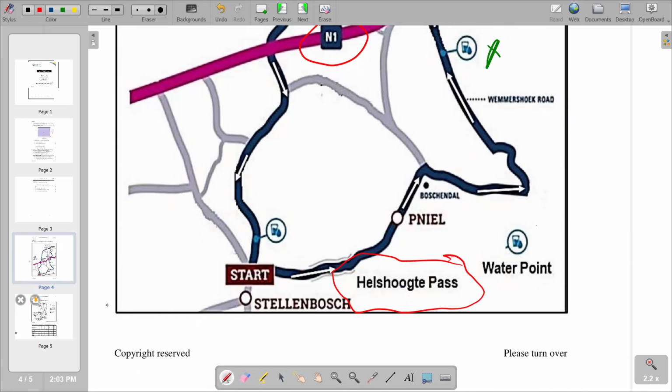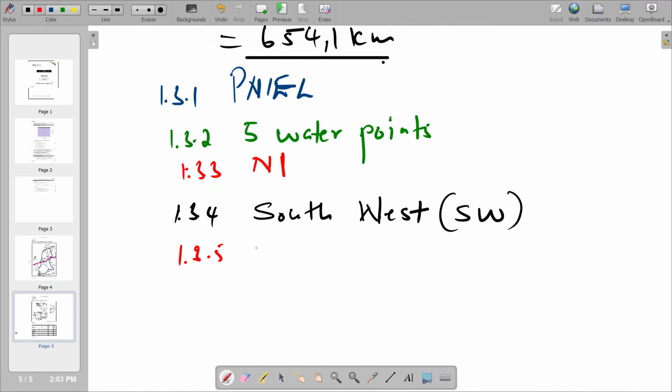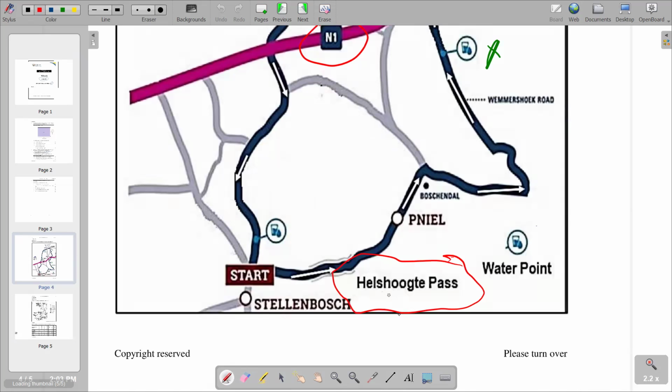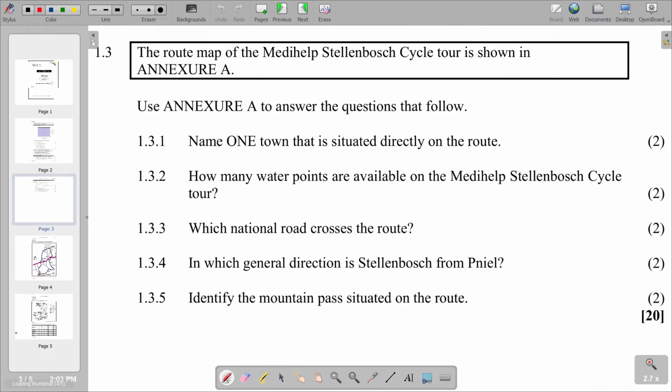So we can state as such, whereby we now have 1.3.5. So this is what we have. This becomes the last question that we have according to this video.